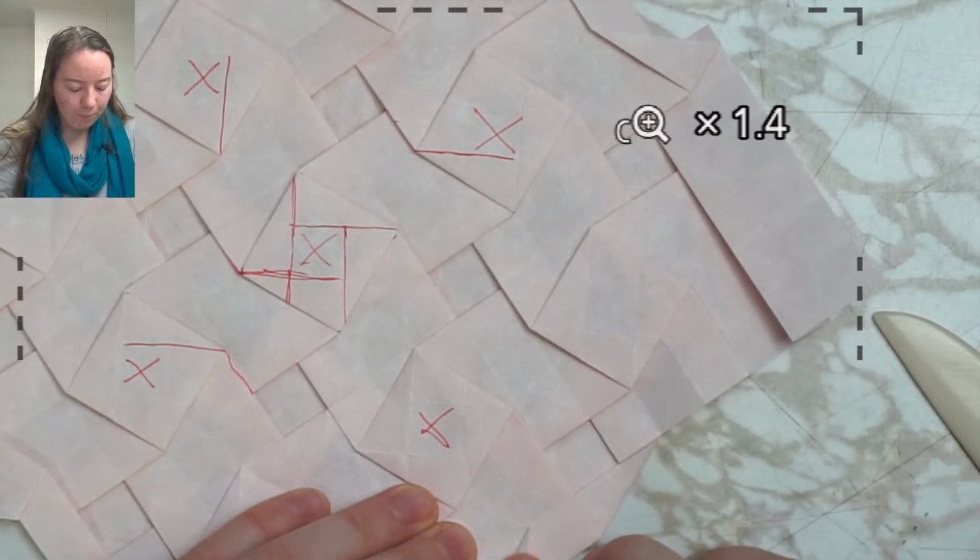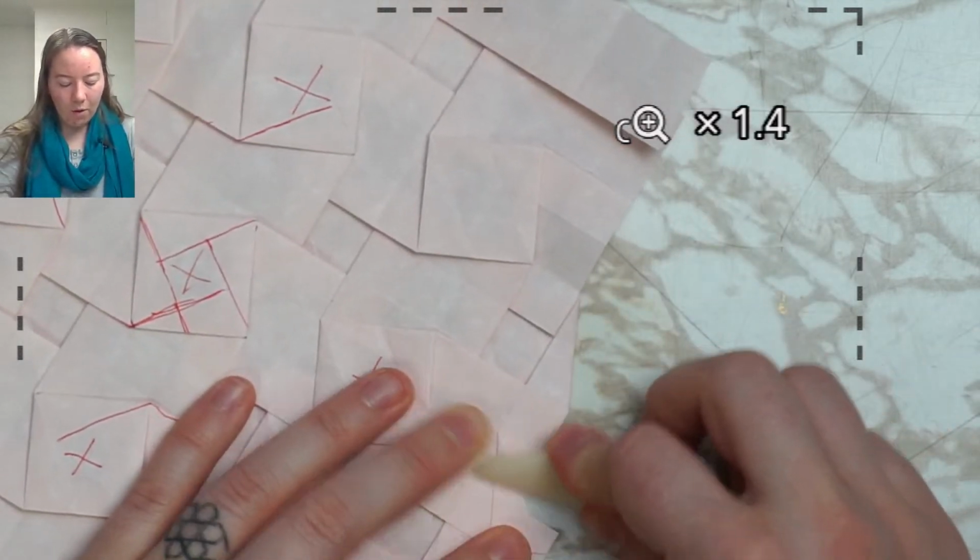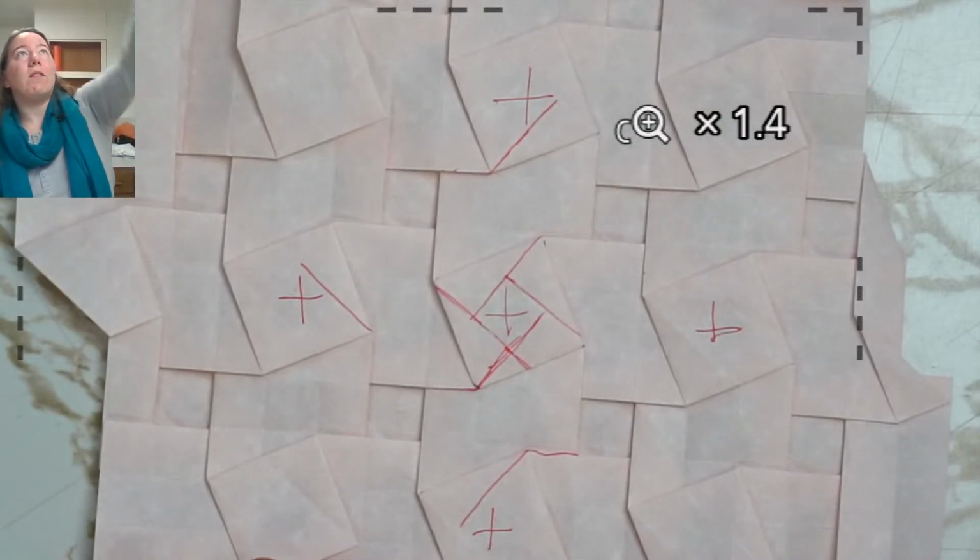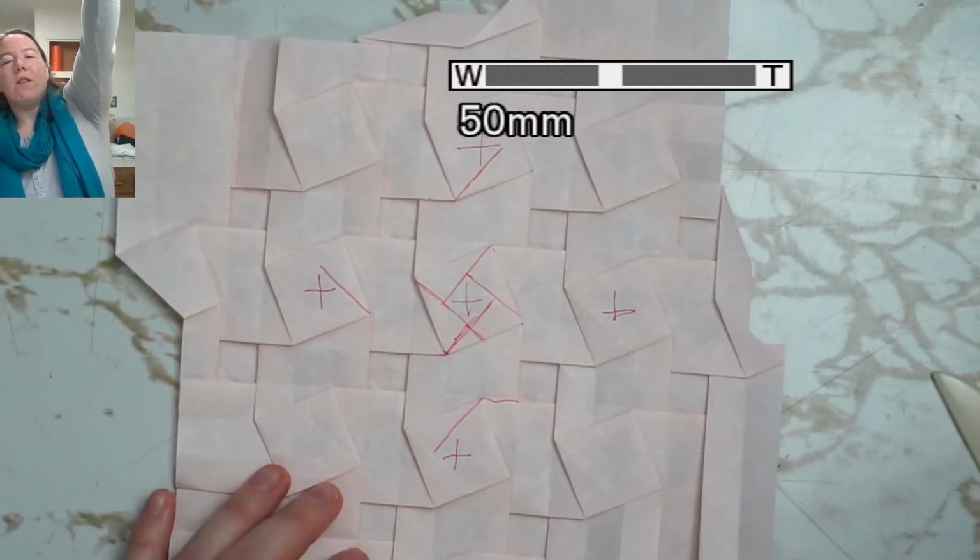So I've gotten all the way around that next ring around the center.